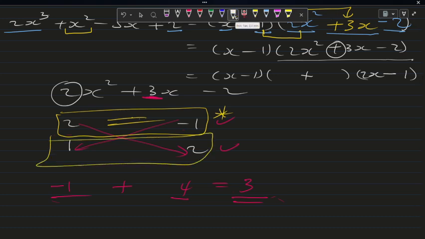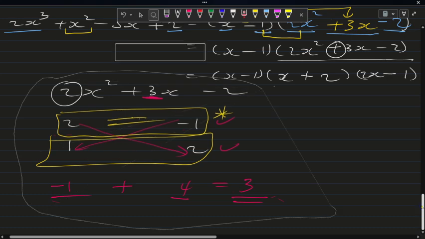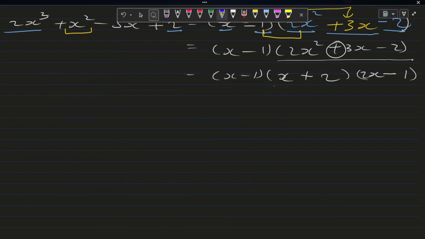The other combination is the one that will be associated with the bracket with the positive sign. So here we will have 1x, and then plus 2, like that. This is how we factorize trinomials whereby the coefficient of x squared is not equal to 1.